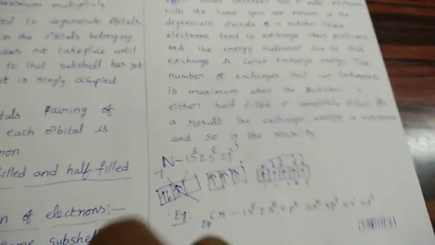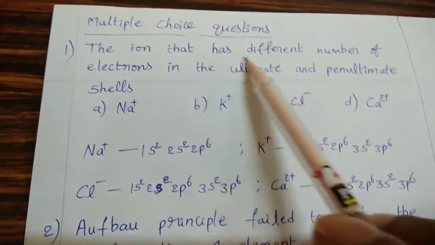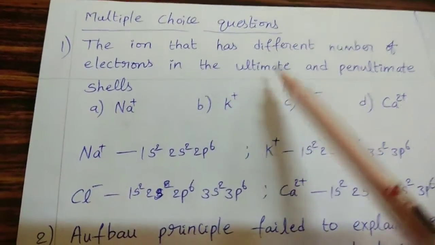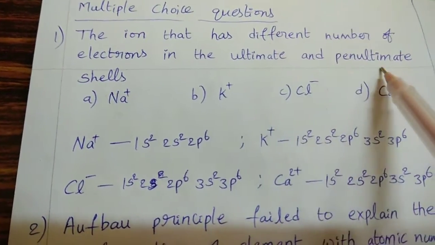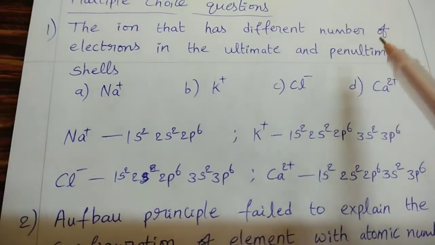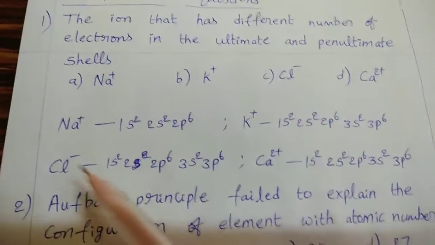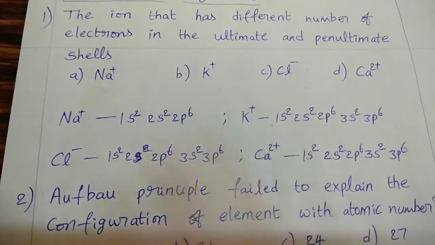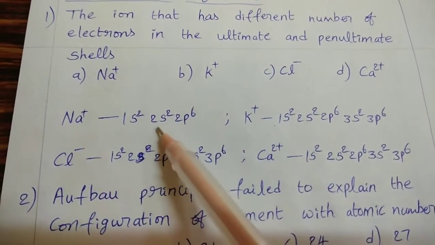See the related numerical multiple choice questions. The ion that has a different number of electrons in the ultimate and penultimate shells. Here ultimate means the last shell, and penultimate shell means the shell before the valency shell. So Na plus ion configuration, K plus, Cl minus, Ca2 plus.